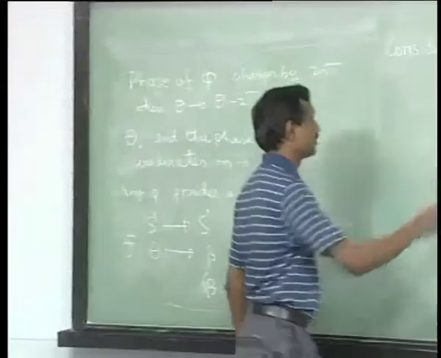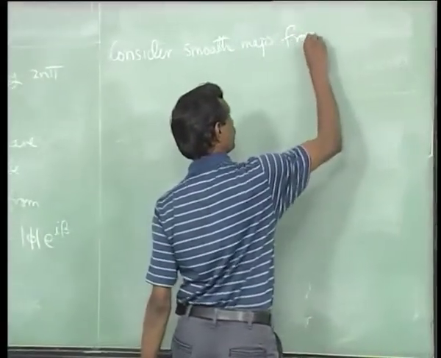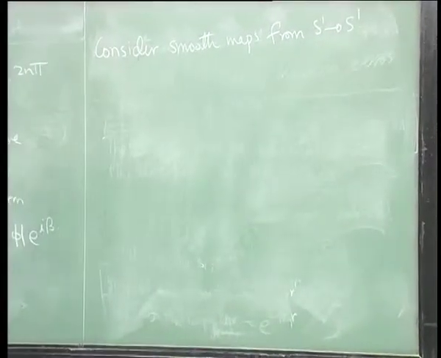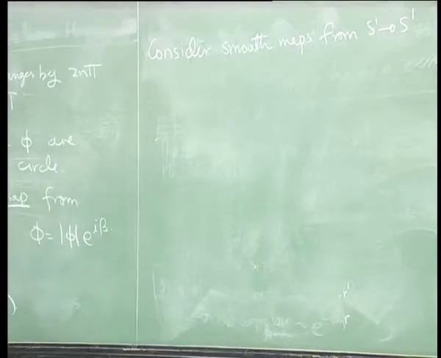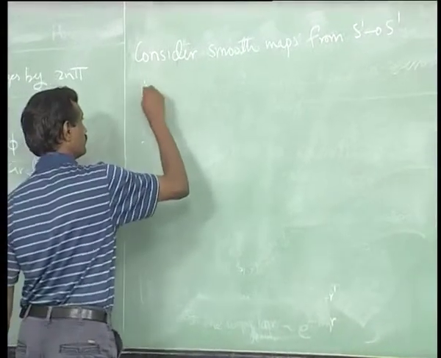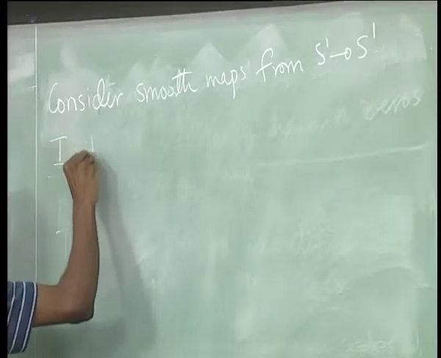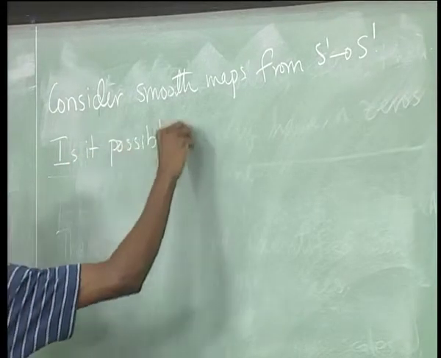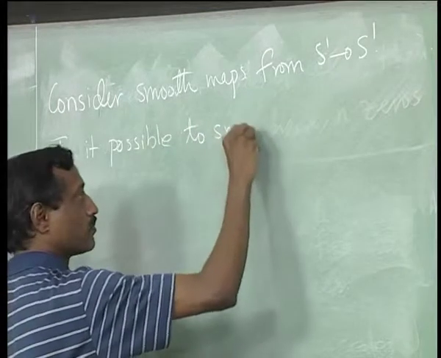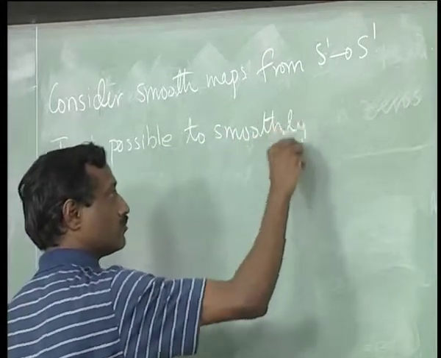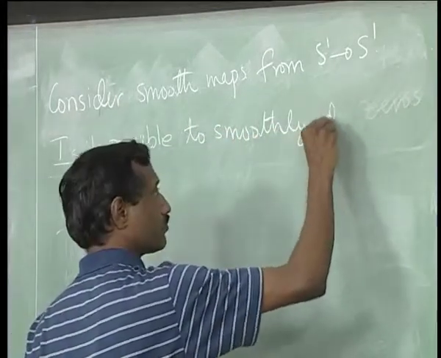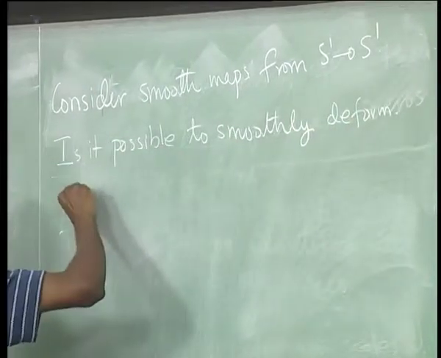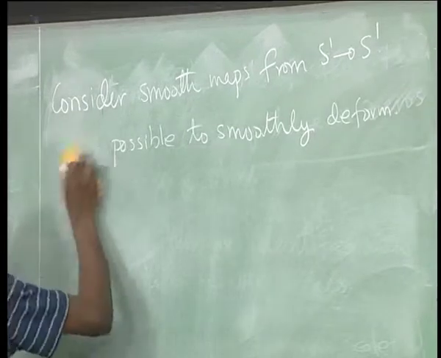Smooth maps from circle to circle. And the question is, is it possible to smoothly deform, this is not the correct way to state it. Okay.